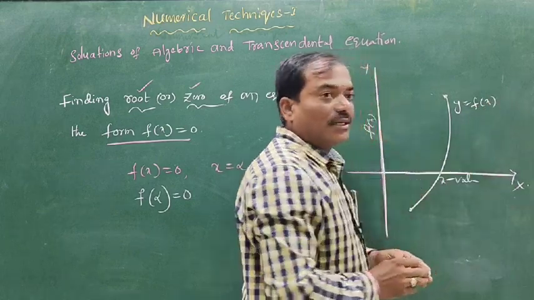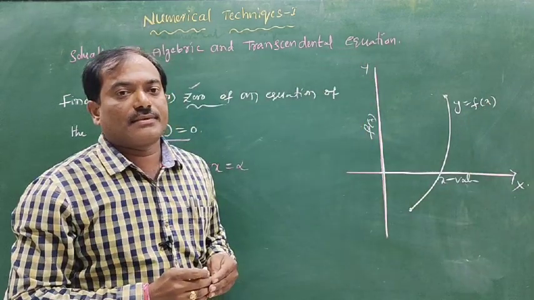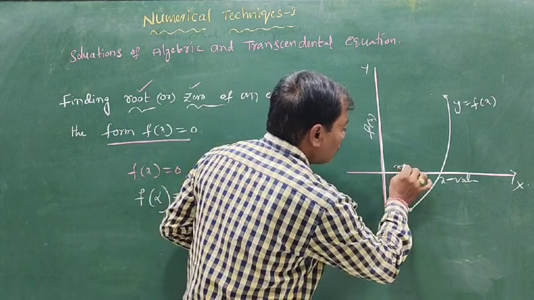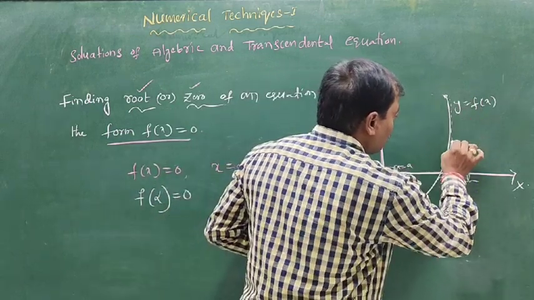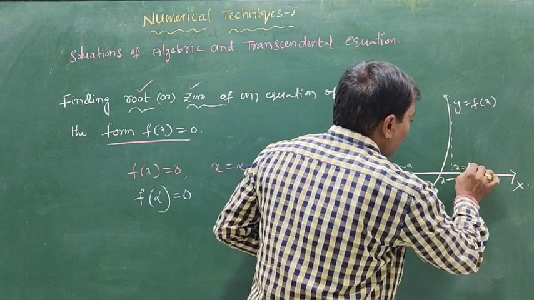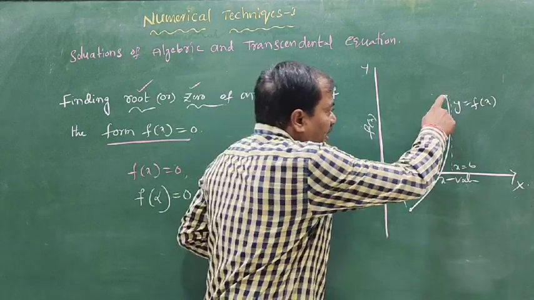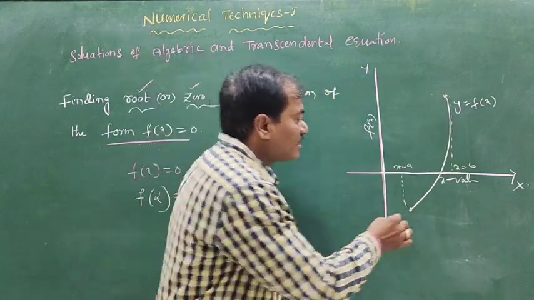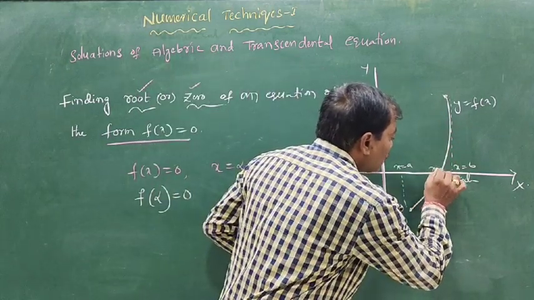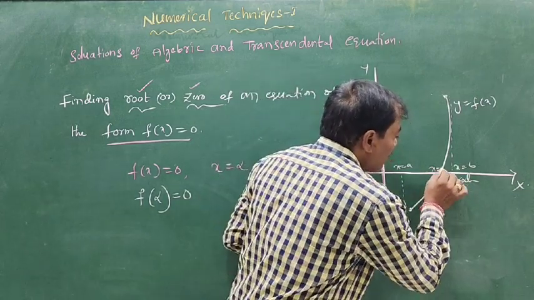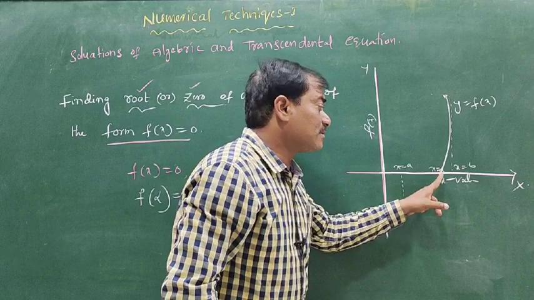So when a root exists in the interval x equal to a and x equal to b, and we draw a graph, for example this is x equal to alpha, here f of x equal to 0 at x equal to alpha.